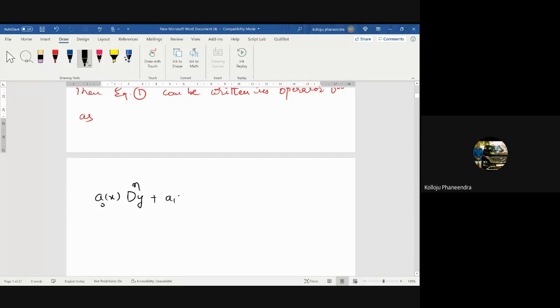Plus a1 x into the n minus 1th derivative of y, next a2 x into the n minus 2th derivative of y, and so on. Lastly, a n minus 2 into the double derivative, plus a n minus 1 into the first derivative, plus a n y, equal to r of x.